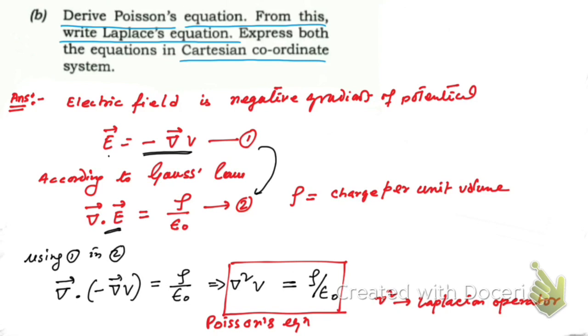This same equation can also be written like this. So this is the Poisson equation we have got.